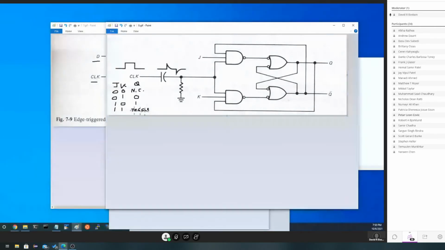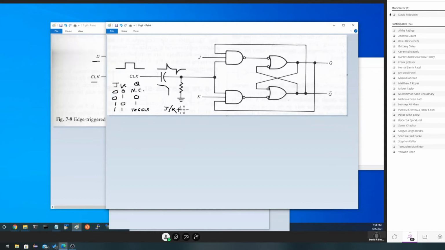Toggle means if you hold J and K equal and you give it a clock, make Q be what it wasn't. So if it was a 1, it's now a 0. If it's a 0, it's now a 1. So we can make Q change back and forth between 0 and 1 by simply wiring J and K together and giving it clocks. This, of course, is a flip-flop because it's edge triggered. This is called a JK flip-flop.